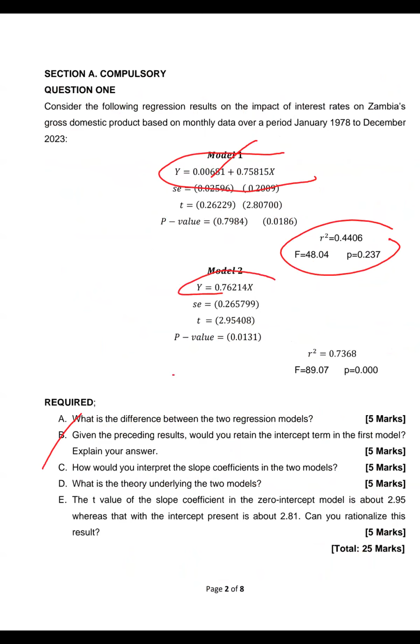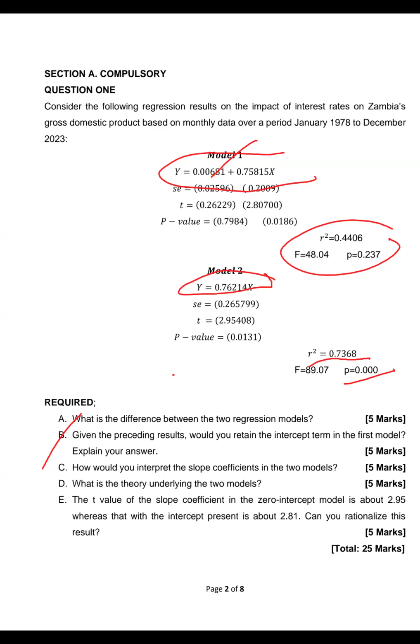Then the results improved and the explanatory power improved. So the question is, given the results, would you keep the intercept in the first model? Explain your answer. In the first model, no.